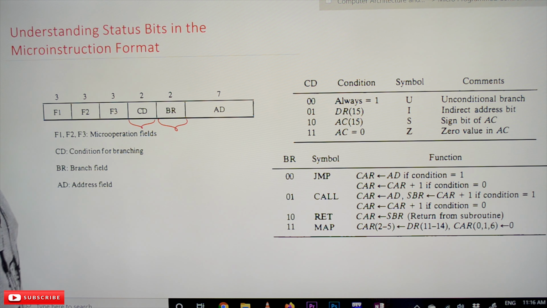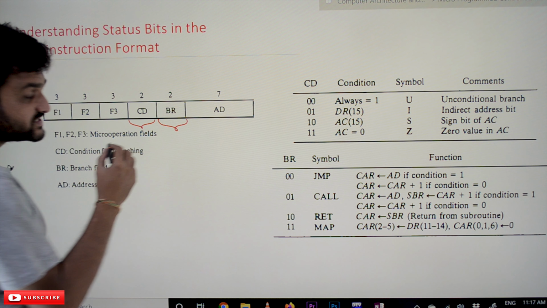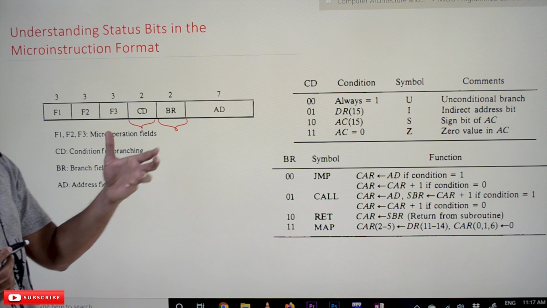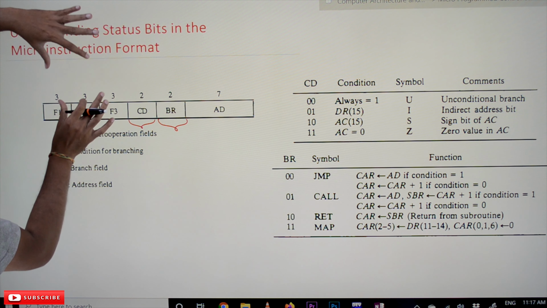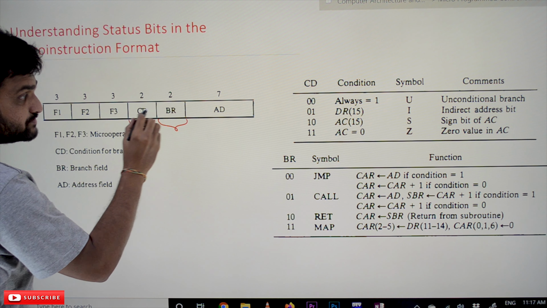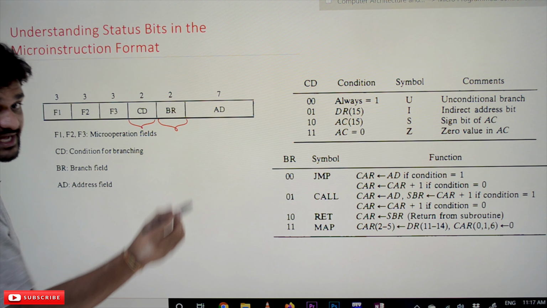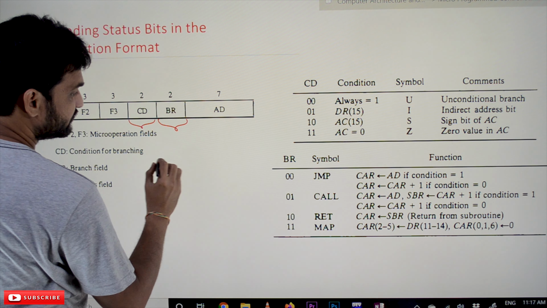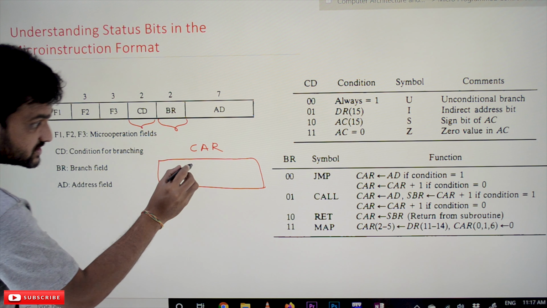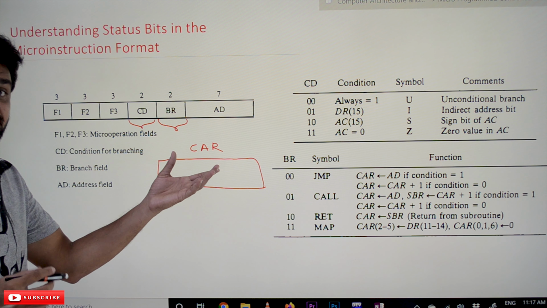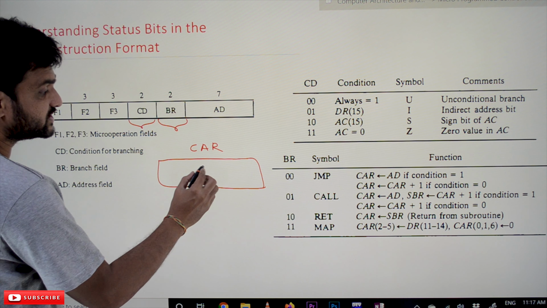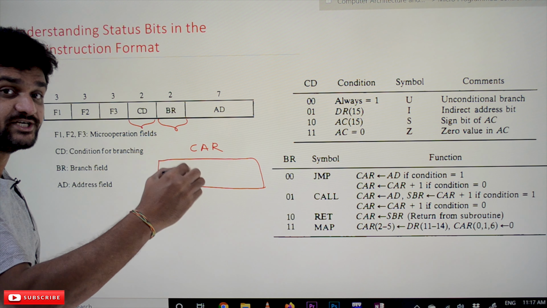There we have discussed that whenever this entire micro instruction is executing, the control words will get executed in parallel. When the control words are getting executed in parallel, based upon these status bits, the address will get transferred onto the control address register. The CAR, control address register, contains the address of the micro instruction that needs to be executed next.